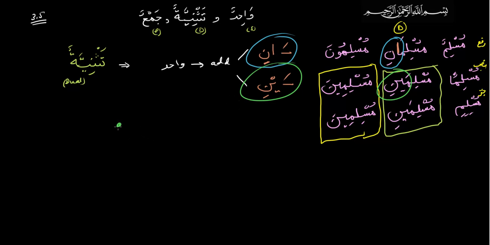So in the first scenario, in halat al-rafa, Muslim and Muslimani, you add this ani, that's how you know it's a dual. In the fancy way, this is called alifun ma qablaha, before it.